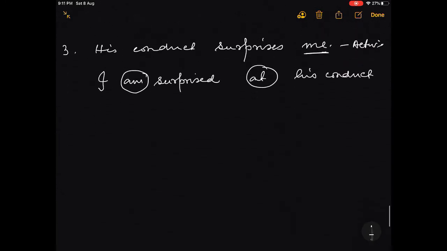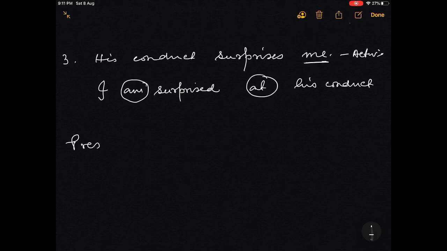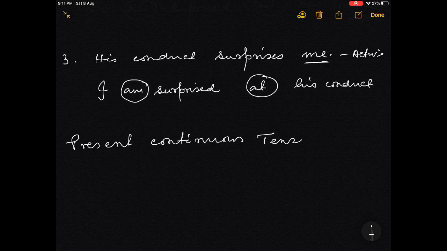Now in case of present continuous tense, everything is the same, only the change is the auxiliary.